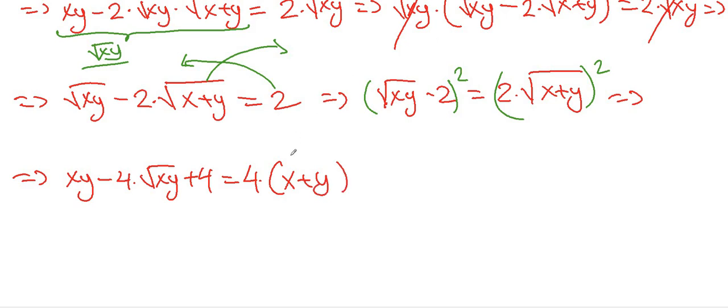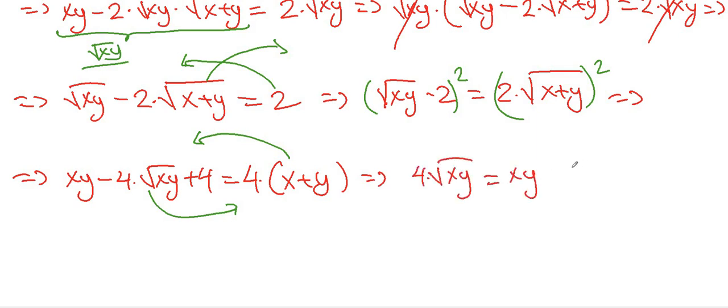And now let me move this 4 times x plus y to the left hand side and 4 times square root of xy to the right hand side. Then from the last equation I will get 4 times square root of xy is equal to xy minus 4 times x plus y plus 4.